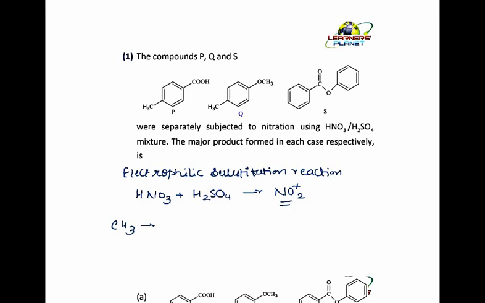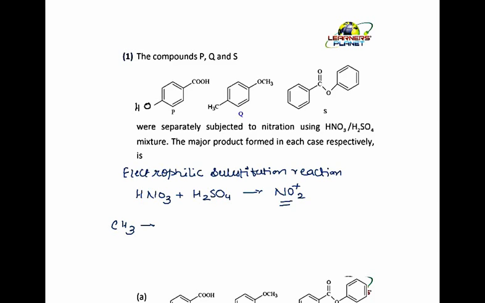Here there is a mistake. This is not a CH3 group, this is an OH group. There was some printing mistake over there. It is an OH group. Right? Now, what is your OH group? Is the OH group an activating group or a deactivating group?